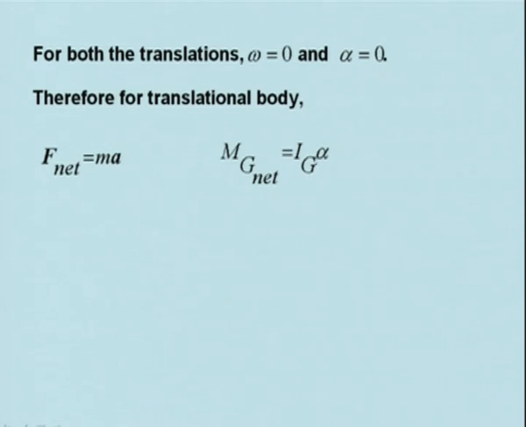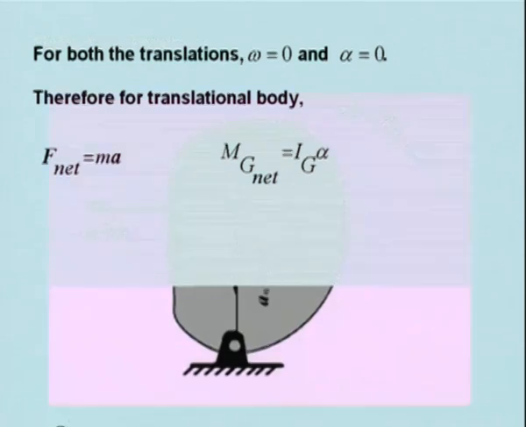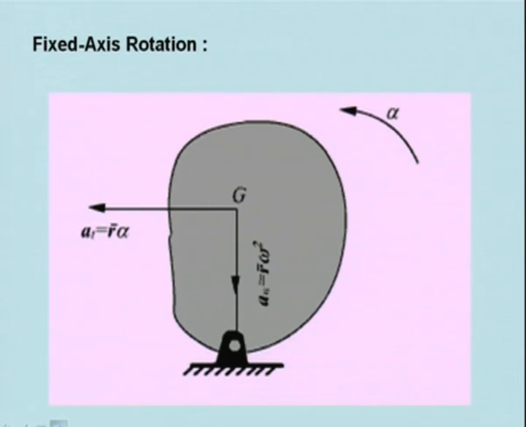Now alpha is 0, so therefore Mg net is 0. That means if you take moments about the mass center, Mg net will be equal to 0.